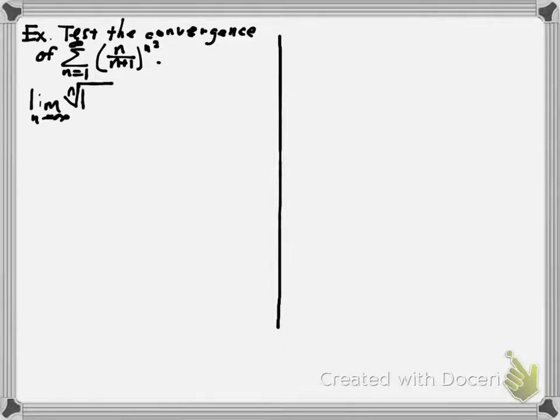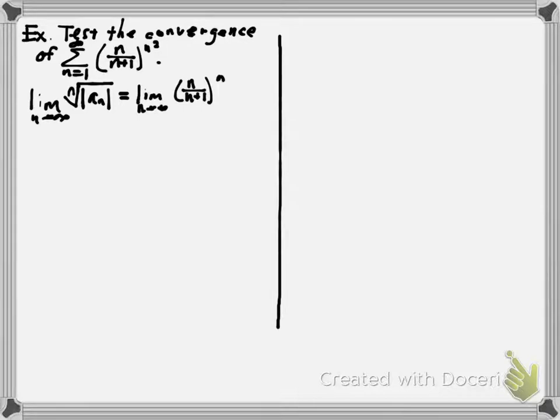Now in this case, when we take the nth root of something that is being raised to the n squared, we don't just get a canceling. We get some canceling, but we still have an n in the exponent, so we will have a limit of (n over n plus 1) raised to the n power.